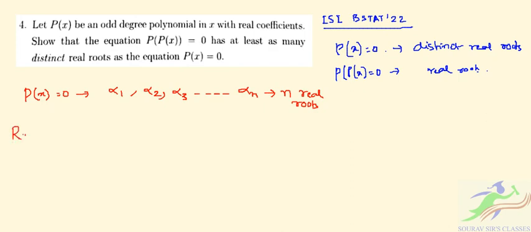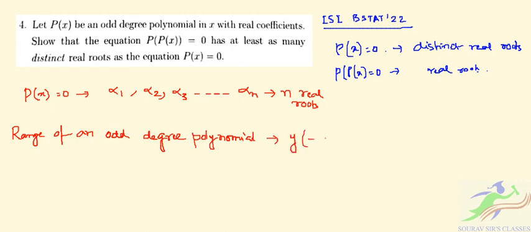We know that the range of any odd degree polynomial is y from minus infinity to infinity, that is, all real values.